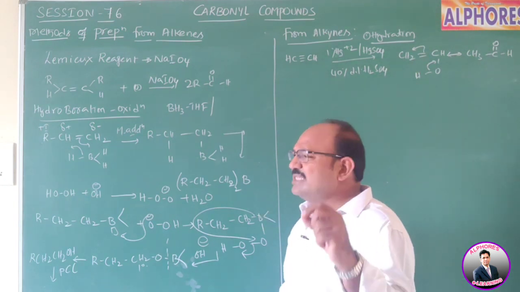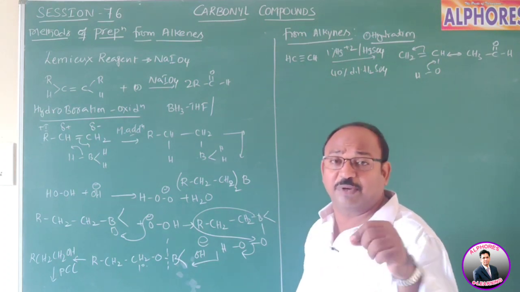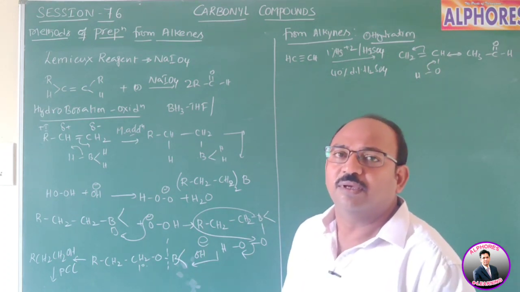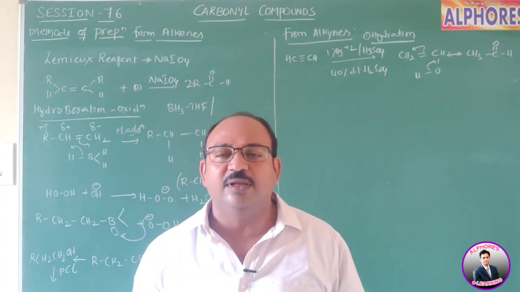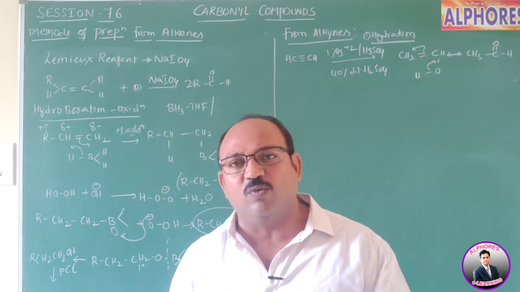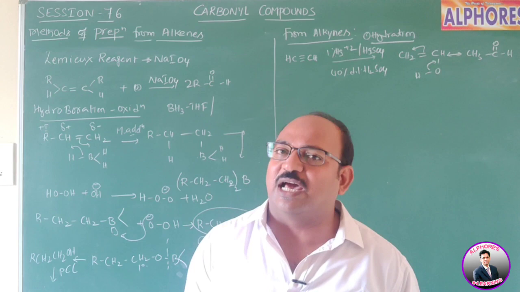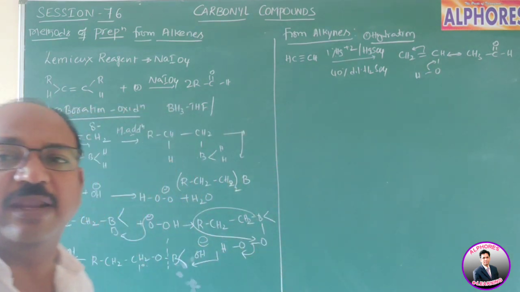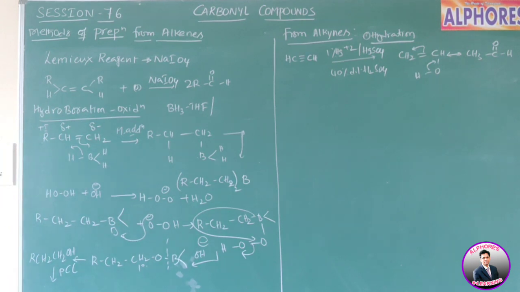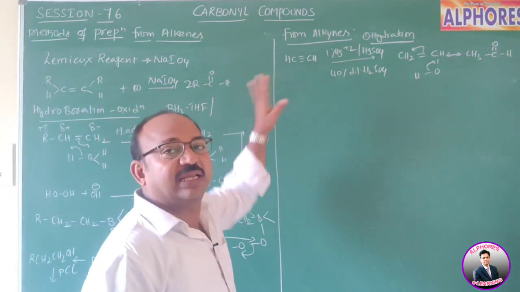Now, is there any possibility or feasibility for the preparation of formaldehyde? If you want to prepare formaldehyde by this method, then obviously you need to consider a 1-carbon alkyne. Is it possible? A 1-carbon alkyne does not exist.